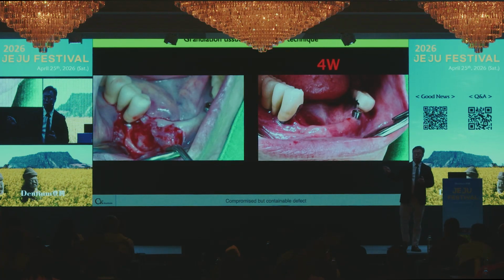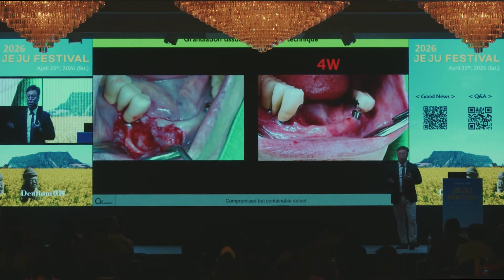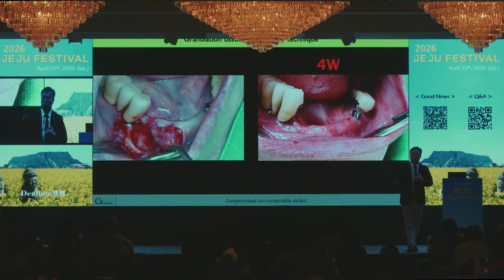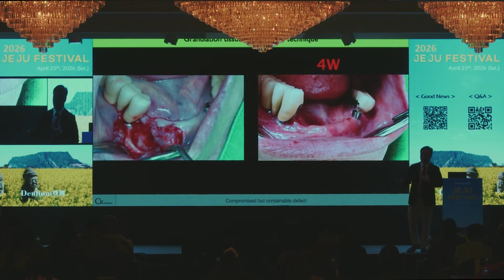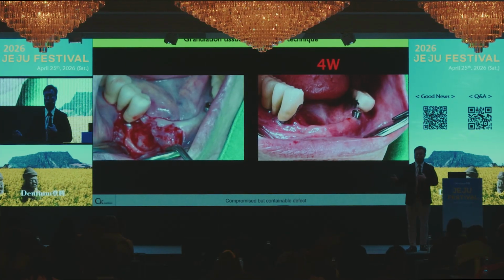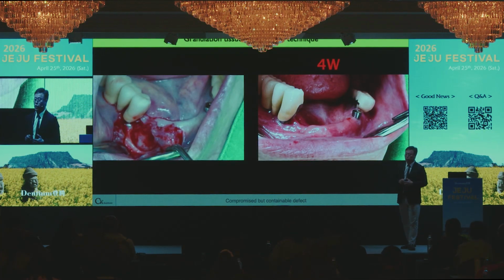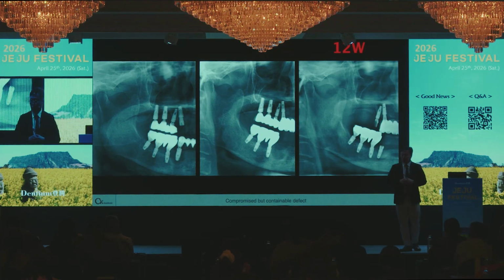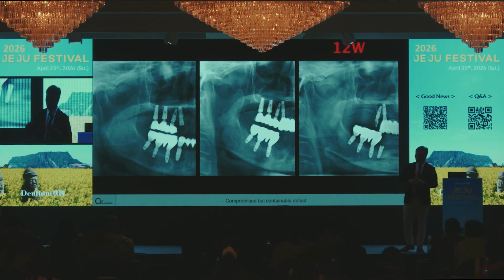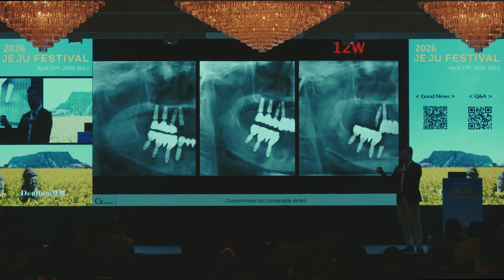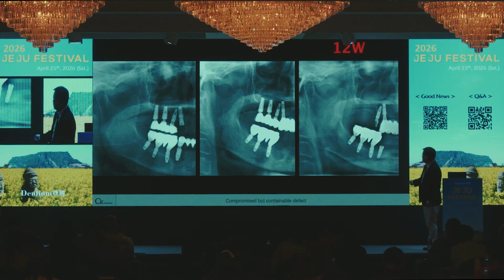Some people may think the granulation tissue has bacteria or inflammation. However, at the same time, it has a lot of stem cells. It's good for the healing of soft tissue and also helpful for the healing of the ridge. After 12 weeks, always 12 weeks after the simple immediate bone graft, we placed another implant.